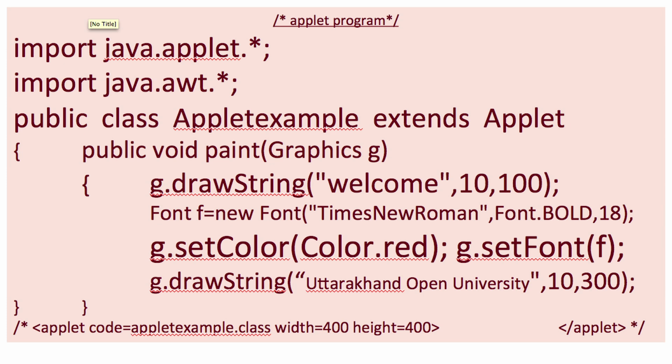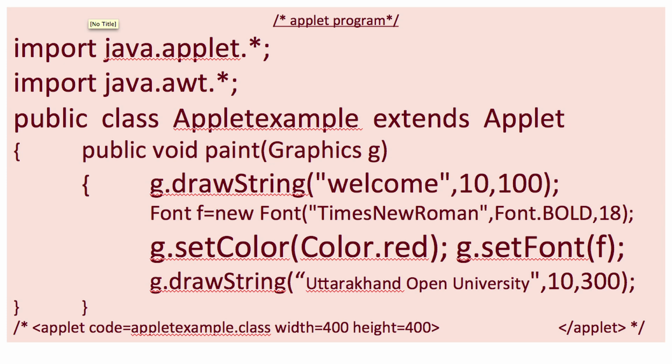Now the last statement, g.drawString, will display Uttarakhand Open University at coordinates 10, 300. So we have used two drawStrings. The first drawString, welcome, will be displayed in the default black color. However, the second drawString will display Uttarakhand Open University in red color, because now we have set the color to red, and in Times New Roman, because we configured the font after the first drawString.